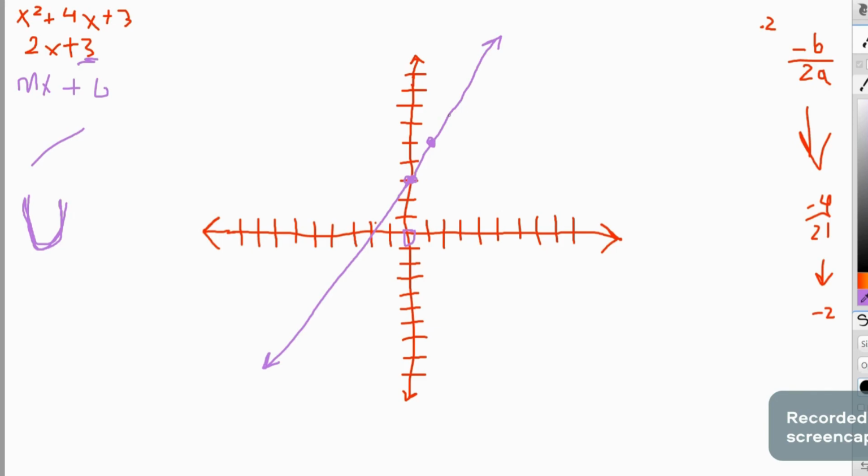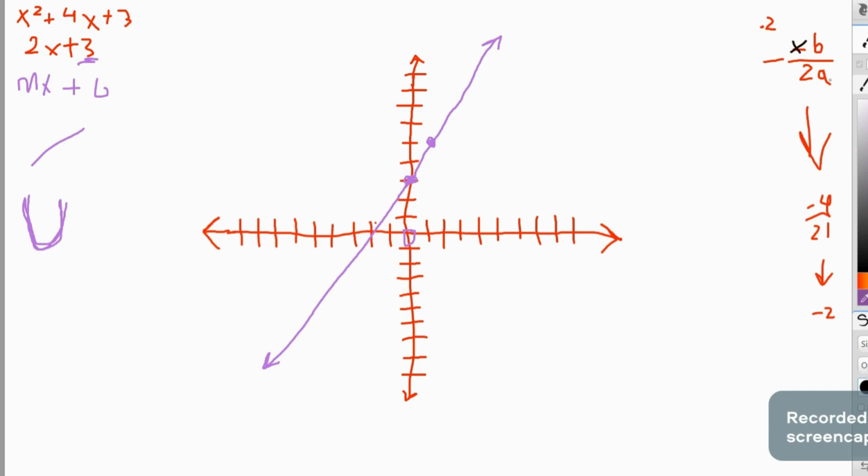Now let's start working on our parabola, graphing it on the same axis. And that's why I have this over here. So we have negative b over 2a.